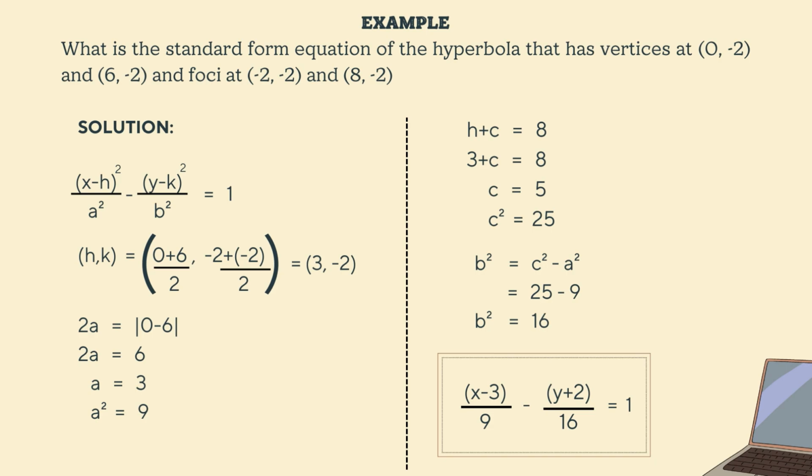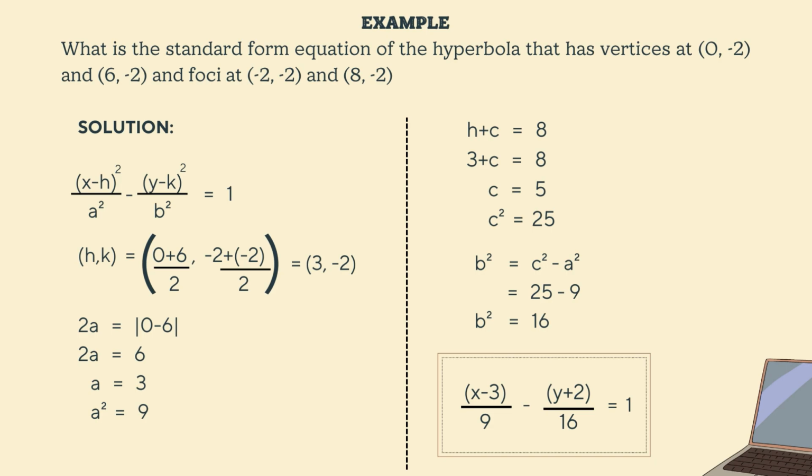Now, we need to find our c². The coordinates of the foci are (h ± c, k). So (h - c, k) is (-2, -2), and (h + c, k) is (8, -2). We can use the x-coordinate from either of these points to solve for c.